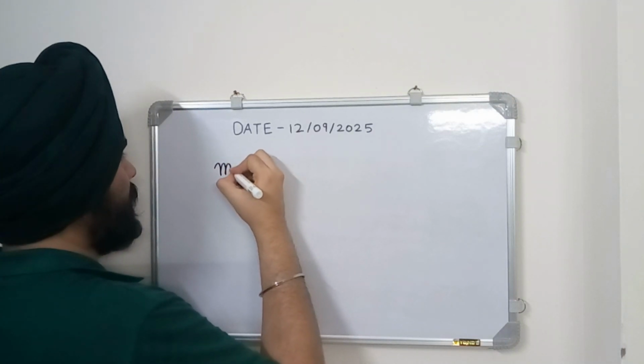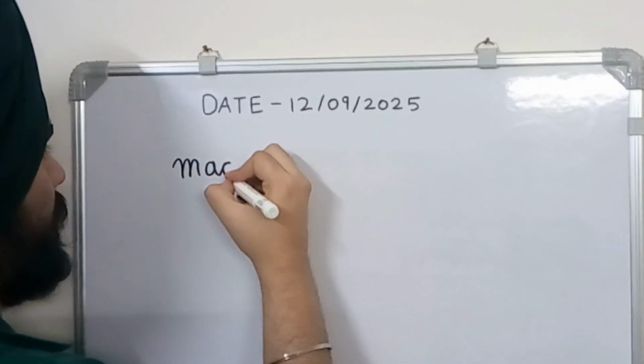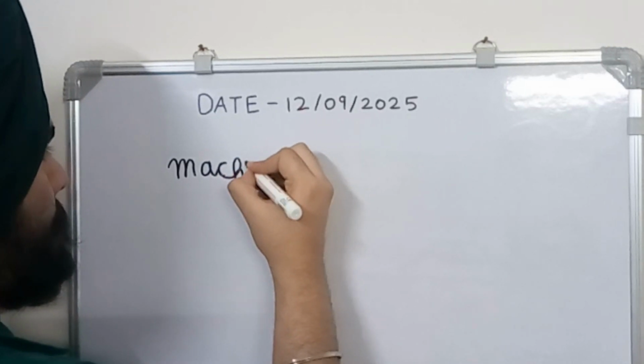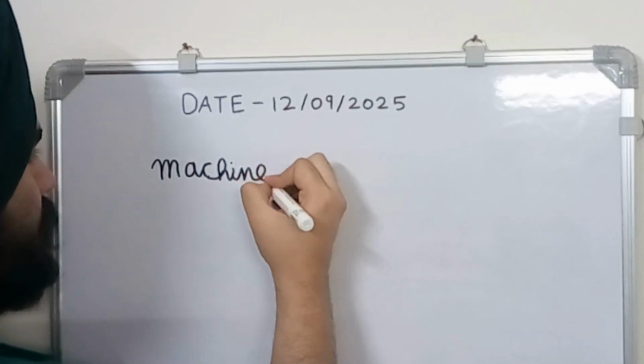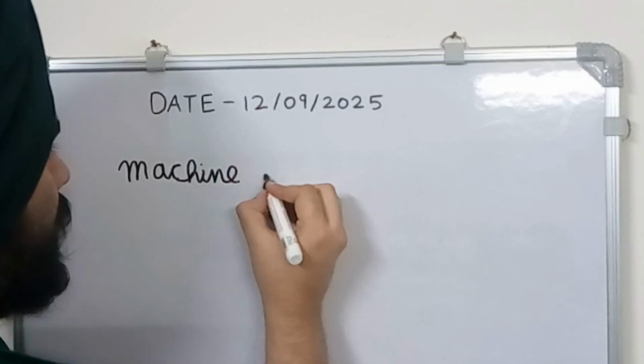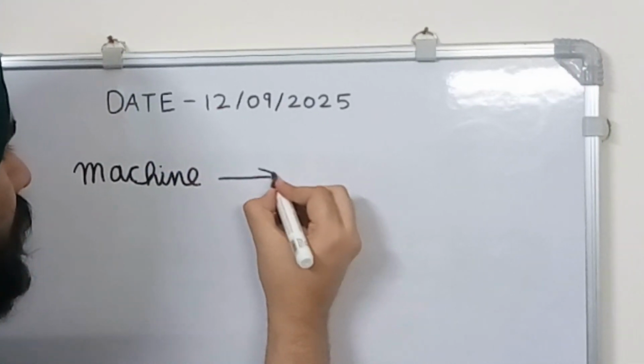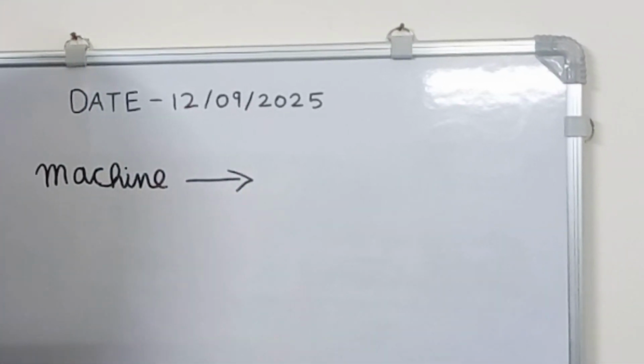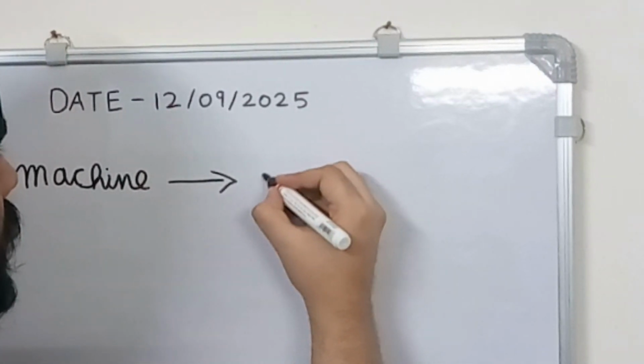If we consider that there is a machine, then it would probably have assemblies.